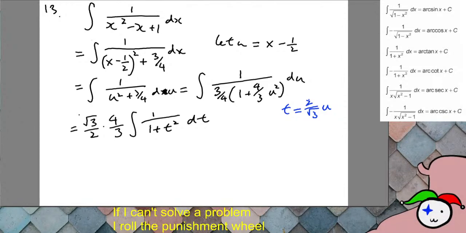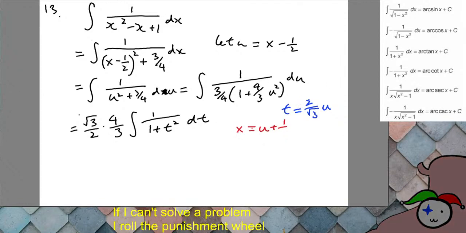We should, just for future sake, also write down that in order to get back to x, it's u plus a half, which is... no, what am I doing?